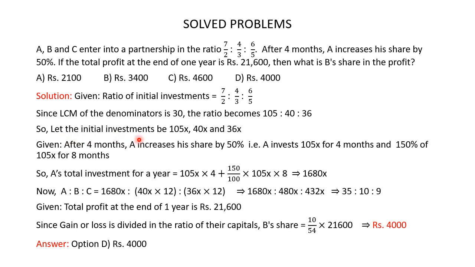So let the initial investments be 105x, 40x and 30x. Now we know that the investment period is 1 year and it's given that after 4 months A increases his share by 50%.